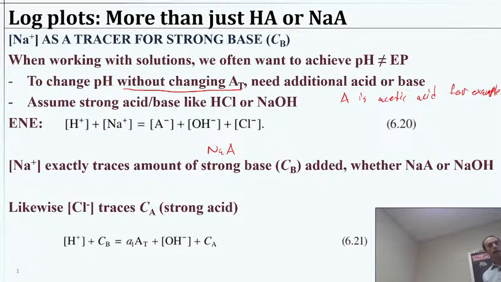And so we can have a new equation here, and what we're looking for, as we'll see in the next slide, is some net amount of base that we add, the concentration of base compared to the acid. So that's where we're heading with this discussion.